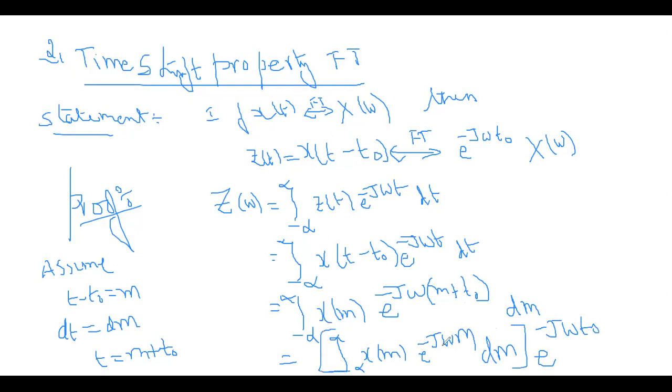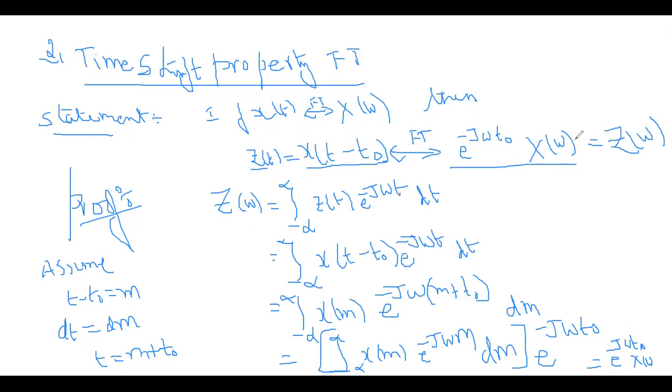Now see, within this parenthesis, it is similar to the Fourier transform, the integral from minus infinity to infinity of x of m e power minus j omega m dm. Similarly, it is x of omega. So we get e power minus j omega t naught times x of omega. When we take z of t is equal to x of t minus t naught, after applying the Fourier transformation you get z of omega equal to e power minus j omega t naught into x of omega.